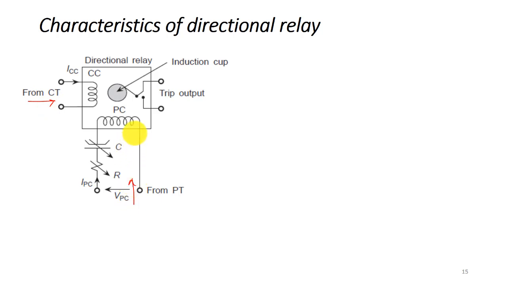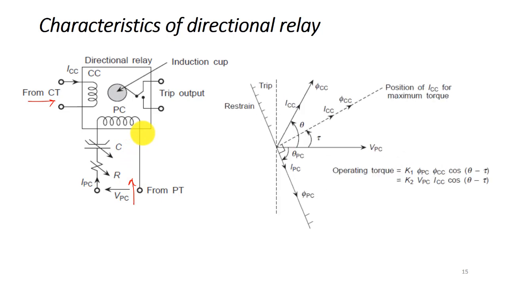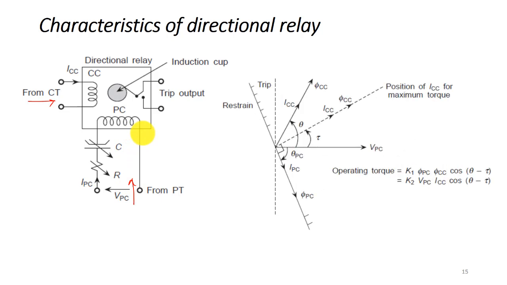Now we can draw the phasor diagram for this arrangement for the voltage and current of the current coil and the pressure coil. Now we know that under normal circumstances, generally the current in this network will lag the voltage in the network, right?